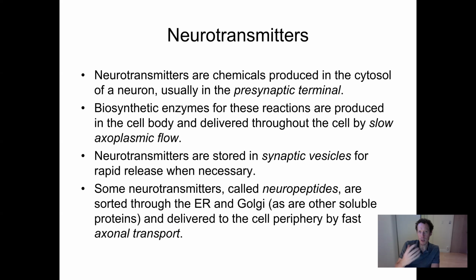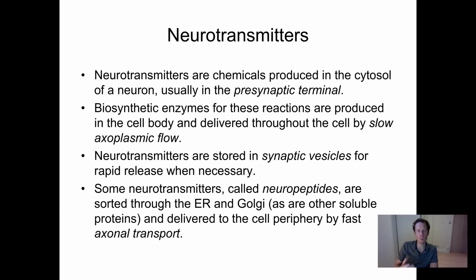The neurotransmitters themselves are biogenically produced at the terminal of the nerve cell and are stored in synaptic vesicles. Some neurotransmitters, which we call neuropeptides, are actually sorted through the ER and the Golgi, as are their proteins, and delivered by fast axonal transport.